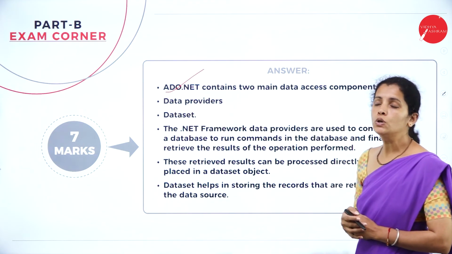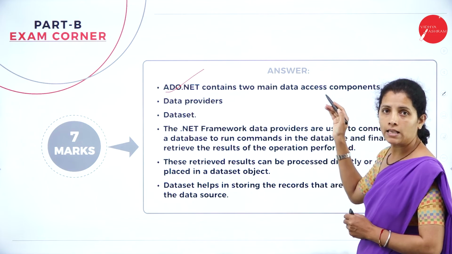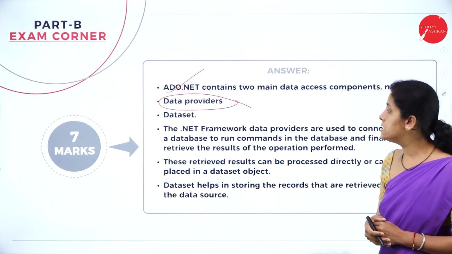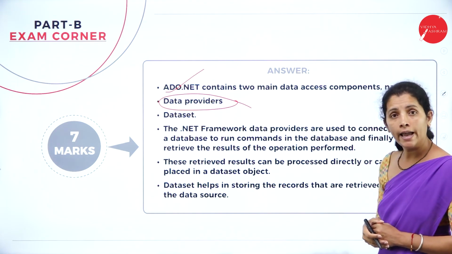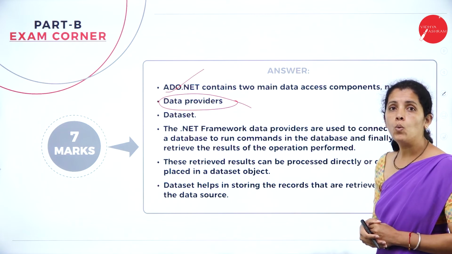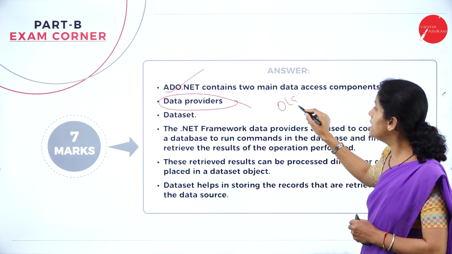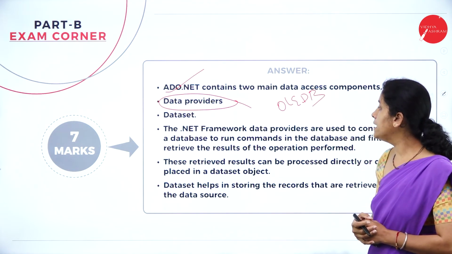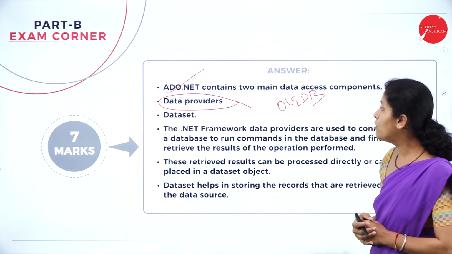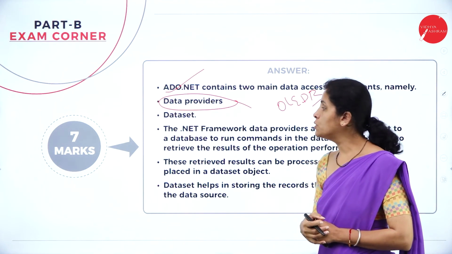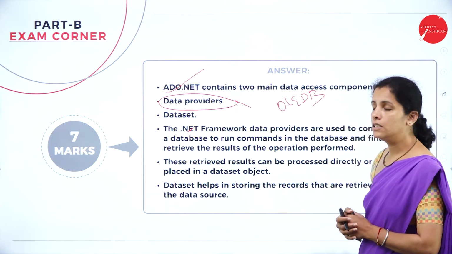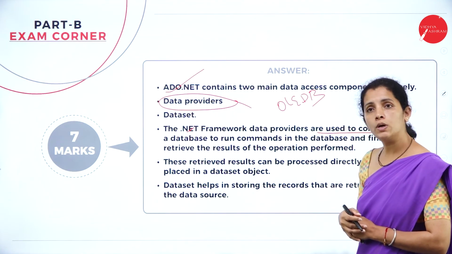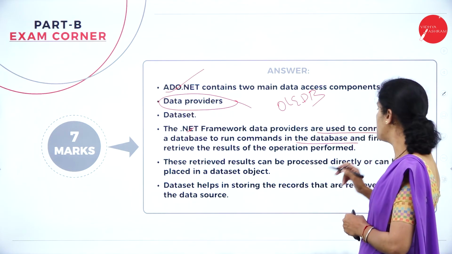Now, dear student, ADO.NET contains two main data access components, that is data provider as well as dataset. If I consider SQL, Oracle, that is OLEDB, object linking and embedding database. These are the examples for data provider. So, the .NET Framework data provider is used to connect to a database and to run commands in the database.